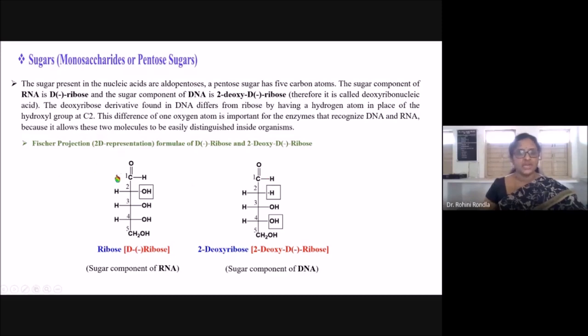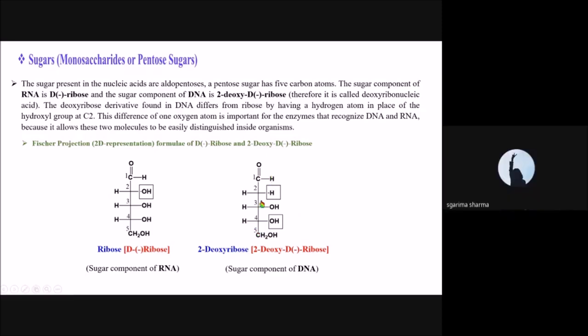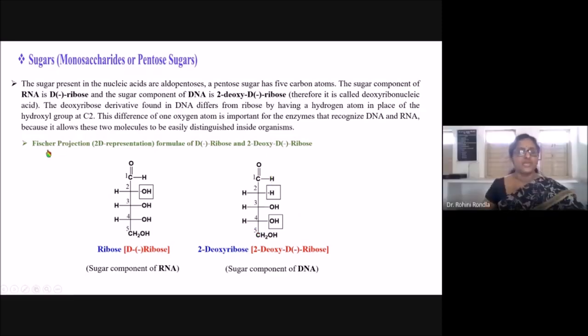Can you guess the name of this representation? I wrote it like a skeleton structure. The Fischer projection, very good. Fischer projection representation. Okay. So now let us see which sugar is present in RNA, which sugar is present in DNA.